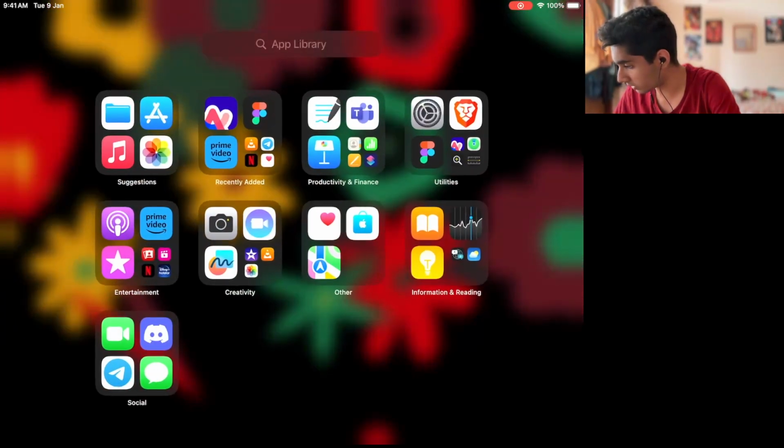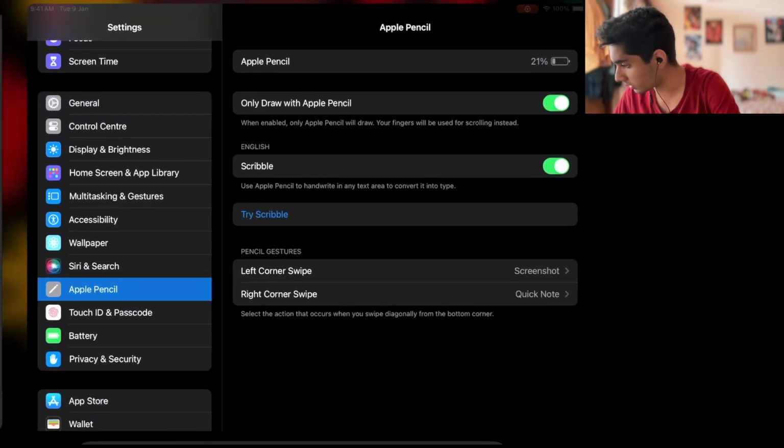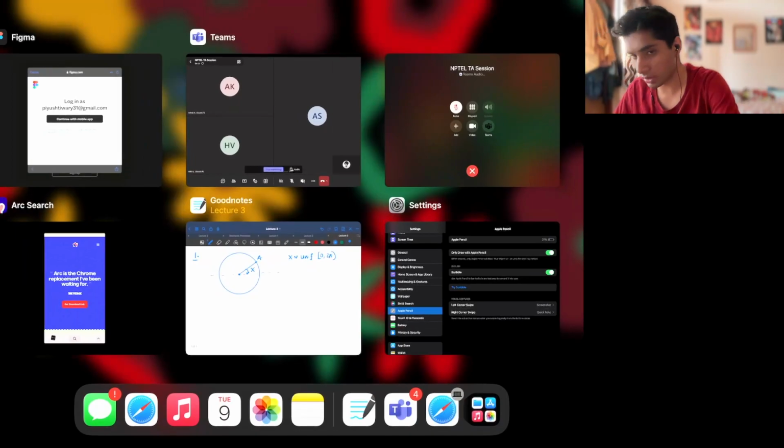It should be somewhere in settings here. The Apple Pencil is charged. Okay, just a second, give me 5 minutes. Okay, this charging is being shown. So why is it that it was not coming there? Yeah, okay, it's coming, fine, cool. Sorry, I think there was some issue.